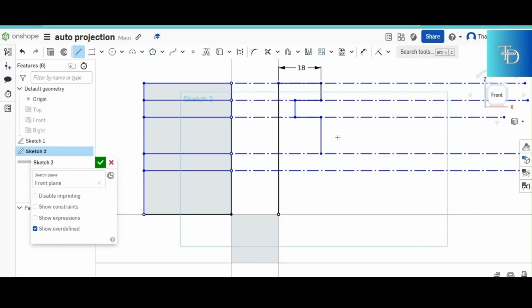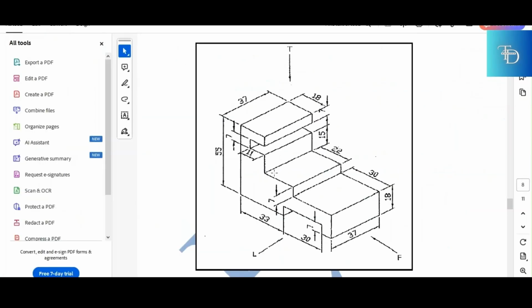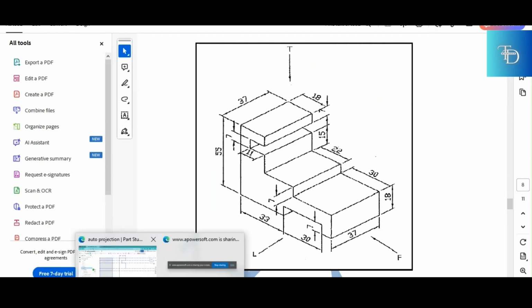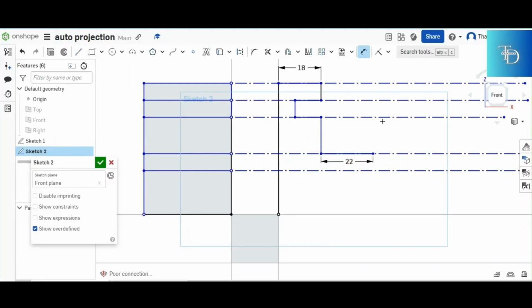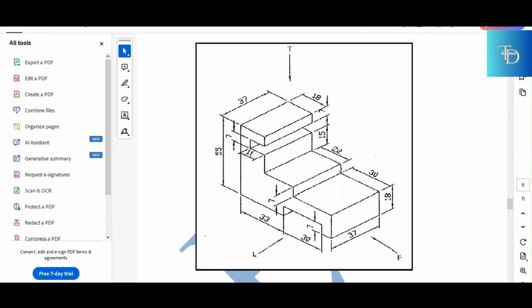You see how the projection part helps you out. It saves time. There's no need for you to go back and remeasure everything. Then from that 15, we shift to the right hand side by 22. So we push to the right by 22, and then we drop down a step of 7 units. There is the step of 7 units.